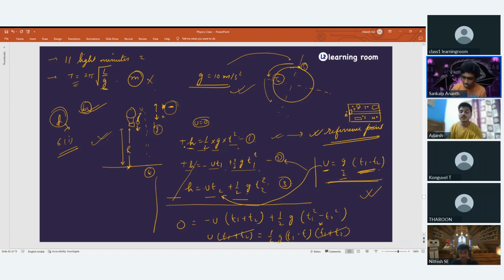In this last step, u (t1 plus t2) is equal to half g (t1 minus t2)(t1 plus t2). So this t1 plus t2 gets cancelled, so u remains here, and then g by 2 (t1 minus t2) is here.